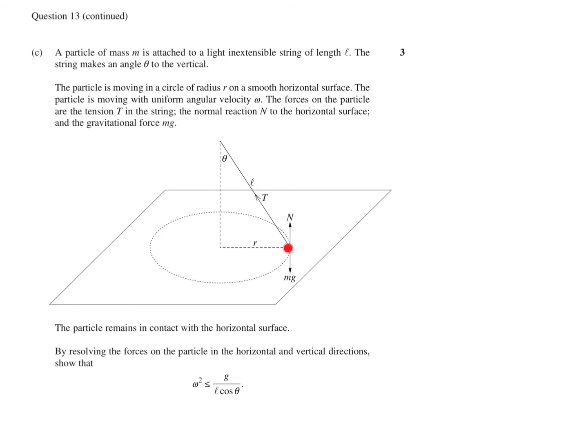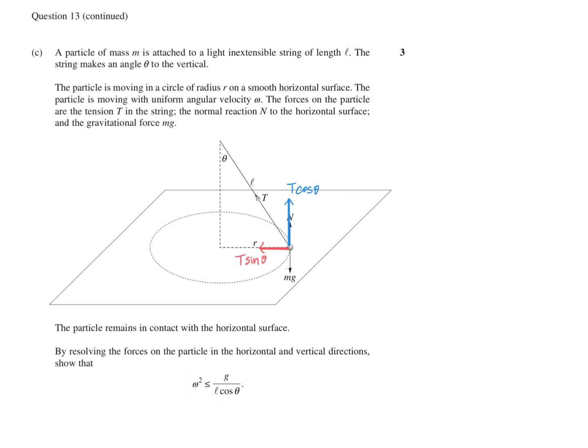There is a normal reaction force N acting from the horizontal surface on this particle and the gravitational force mg. The string gives a force of tension T to this particle. The question asks to derive this inequality.